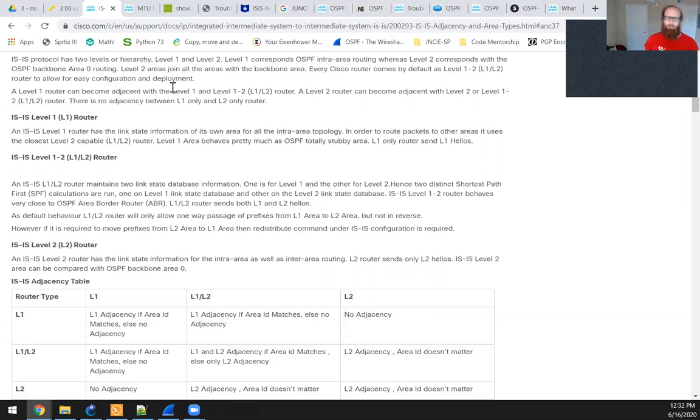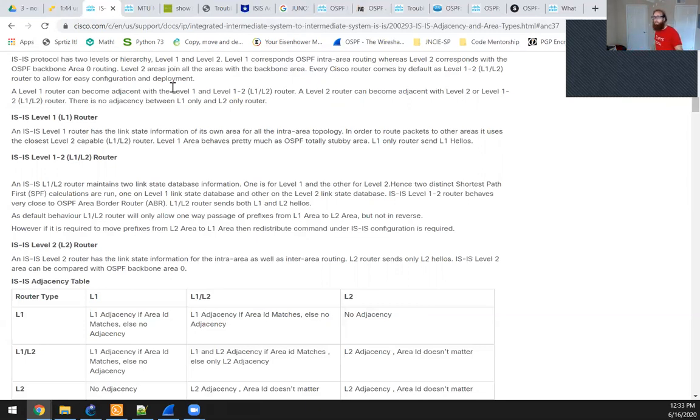An ISIS level 1-2 router behaves very close to an OSPF area border router. An L1/L2 router sends both L1 and L2 hellos, which we saw. In addition to that, it also forms two adjacencies.